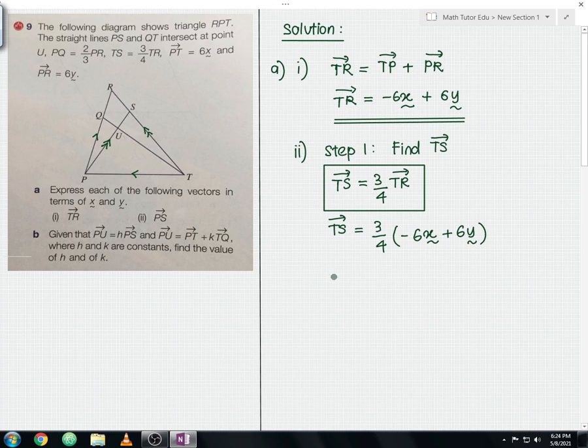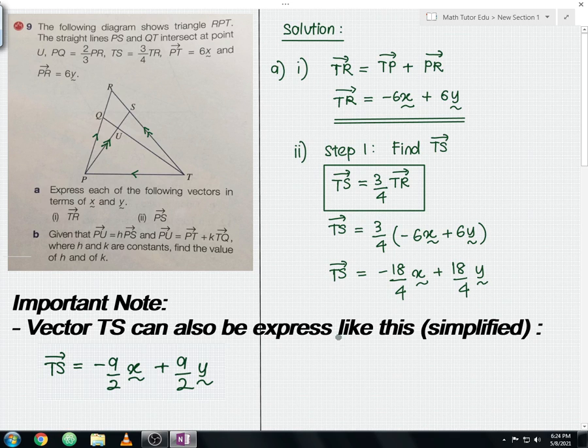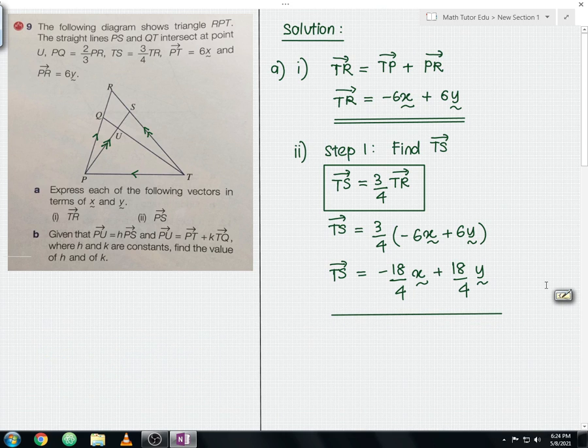You calculate this, and you should get vector TS equals negative 18 over 4 x plus 18 over 4 y. Let me underline the vector TS. So this is your step 1.